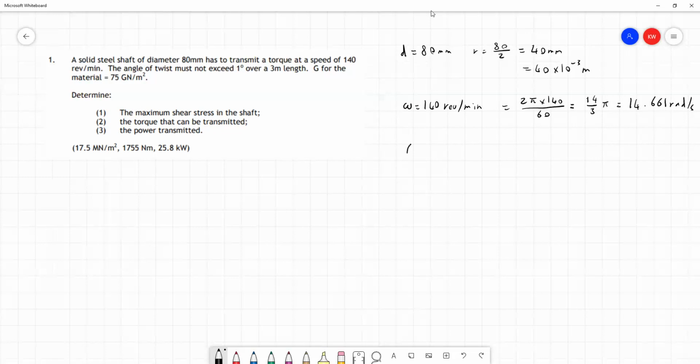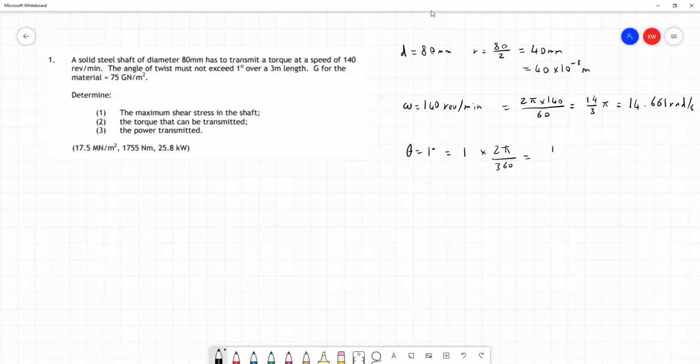We're told that the angle of twist, remember theta is our symbol for angle, is 1 degree. If we want to convert this into radians, we recognize that there are 2 pi radians in every 360-degree circle. These are both representations of a full circle. So 1 times 2 pi divided by 360 tells us the value in radians.